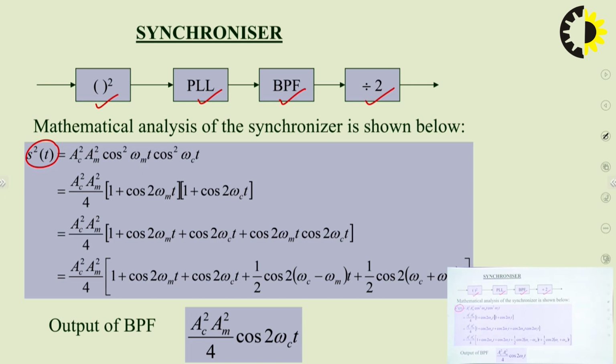Here let us see, this squarer circuit will give you this signal which is expressed as s square t equal to Ac square Am square cos square omega m t into cos square omega c t, and when we simplify it, we can express this term as this and this term as this: 1 plus cos 2 omega m t and 1 plus cos 2 omega c t.